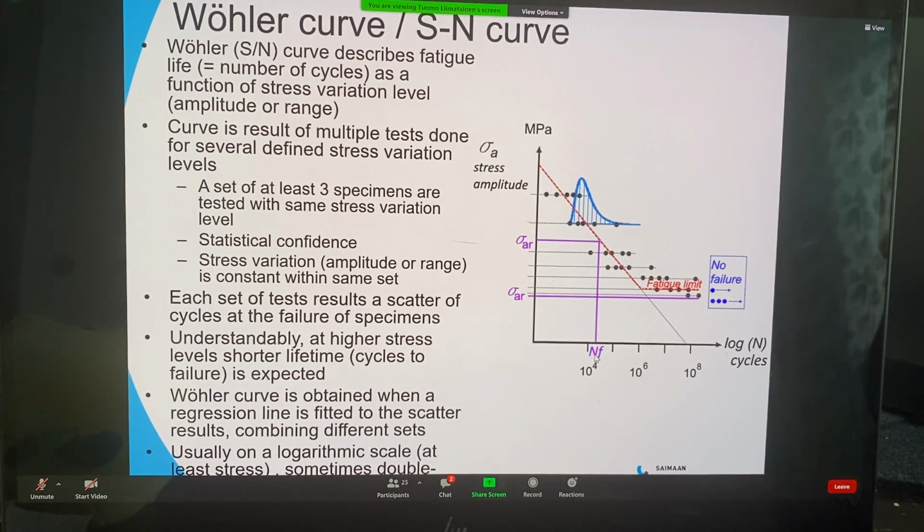If we have a certain constant frequency, we can also calculate the time behind the cycles to failure, like with rotating machinery. But usually that is not the important thing to know. What's important for us to know is how many cycles, and that is the lifetime. So if I sometimes speak about lifetime, it doesn't mean time in seconds or minutes or hours. It means the cycles to failure.